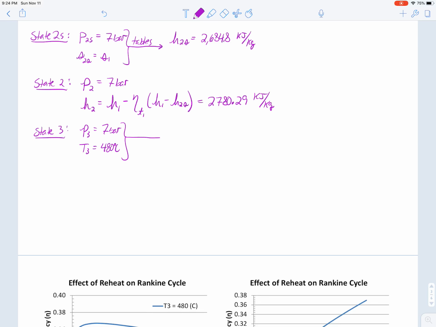So I could either go to my superheat tables or use my software and find my specific enthalpy, 3,438.9 kilojoules per kilogram. Specific entropy, 7.8723 kilojoules per kilogram degree Kelvin.